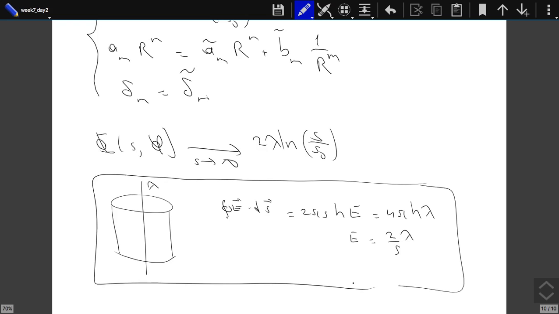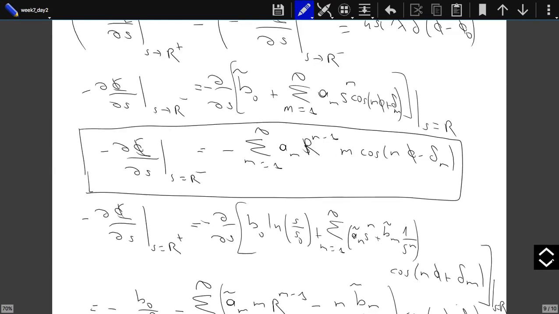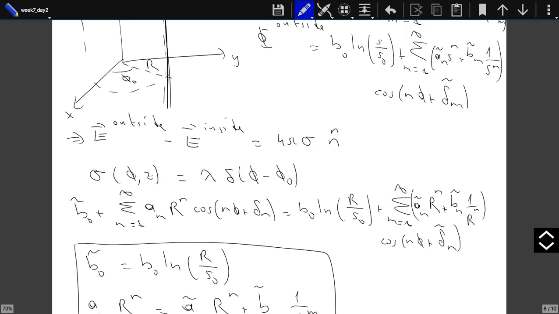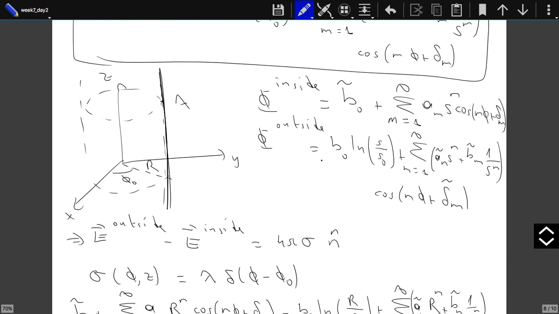But this basically tells me that if you look at our potential outside, this is the outside potential. So when s goes to infinity, I should only end up having this b0 term. Now the b terms anyway go to 0.